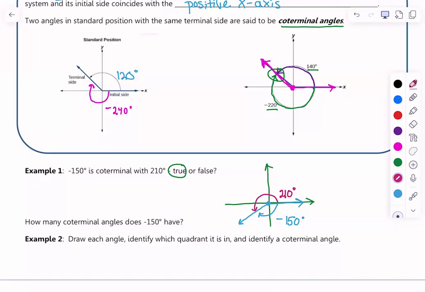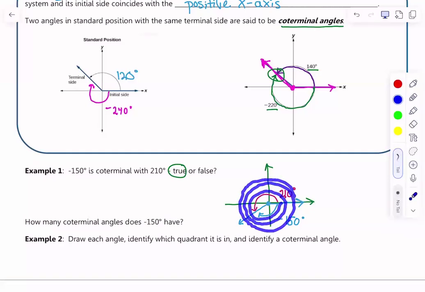Now, how many coterminal angles does negative 150 degrees have? Well, I could go around the circle clockwise, go one full rotation and then additional. That's coterminal. I could keep doing that. That's coterminal.